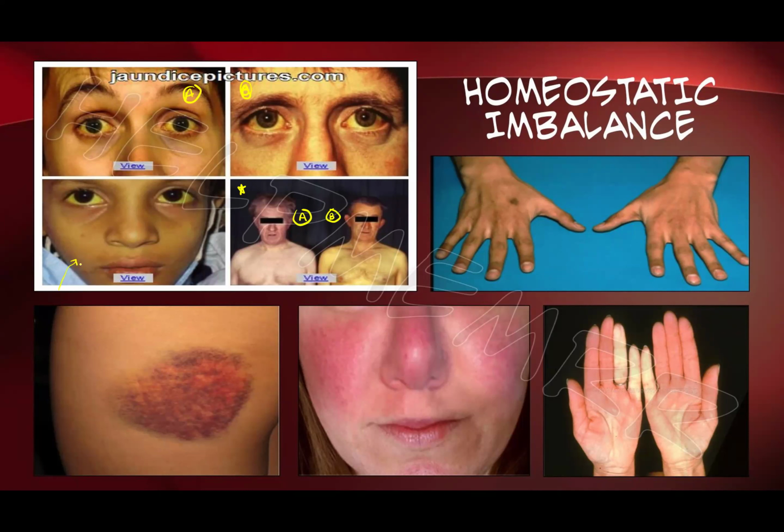So it's a little harder to see the yellow. So what you're going to do is look at the eyes. If you look at the eyes, the inside of the mouth, anywhere that's really super vascular, that's where you'll be able to tell if somebody has a darker skin color.